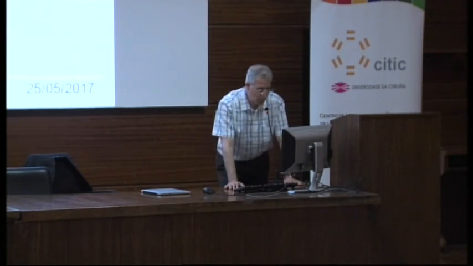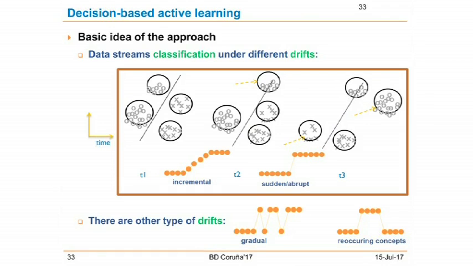So what we want here, in the presence of a data stream, is that there is always a risk that your data drifts. It means that the model that you built in early stages does not fit anymore because the data has changed distribution. And you want your active learning algorithm to cope with this problem of drift, okay?